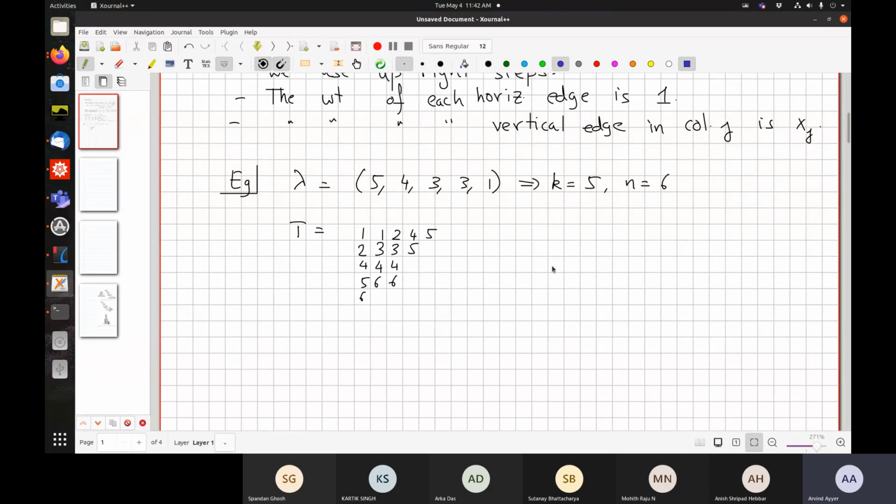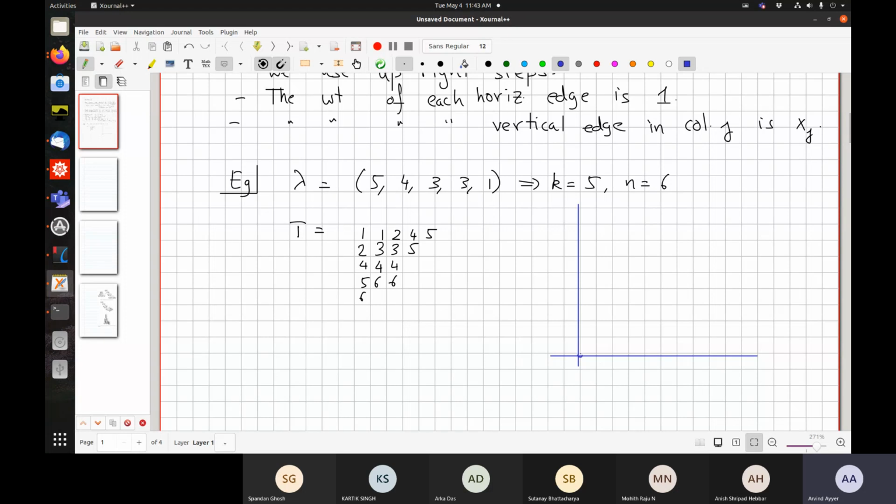Okay, so now let me draw the corresponding non-intersecting lattice path. I have to make it fairly long because I have to go up to height 9. So these are my x, this is not my x-axis, and this is not my y-axis.